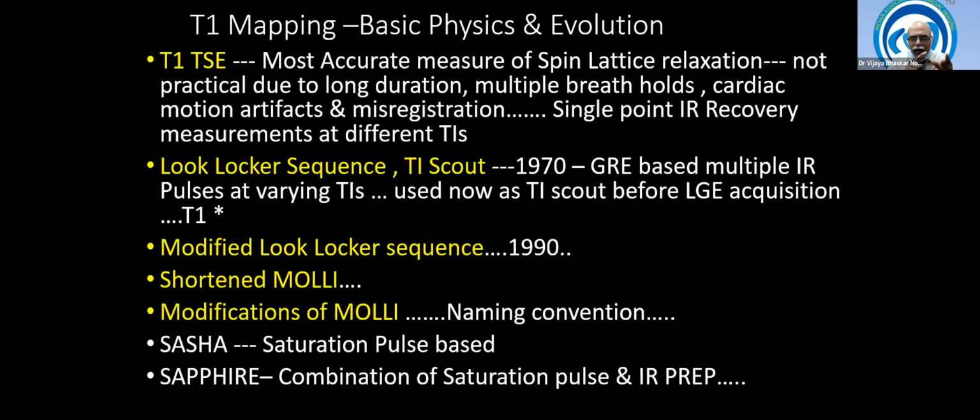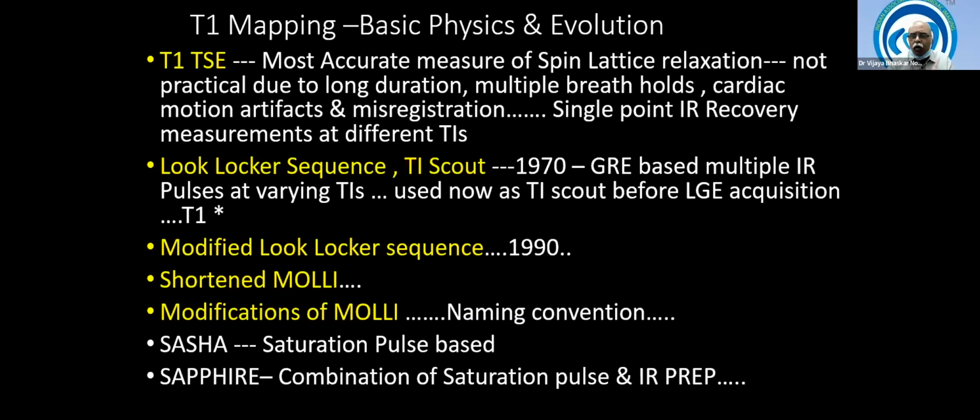So once all these things are used, one phase of the cardiac cycle, diastole or systole, multiple Look-Locker experiments, and non-rigid registration for motion correction of the heartbeat, you get these maps known as MOLLI maps, and also a curve, the fitting of the T1 recovery. That is known as a MOLLI sequence. It's a modification of the Look-Locker sequence from 1990, and it is the one most often used.